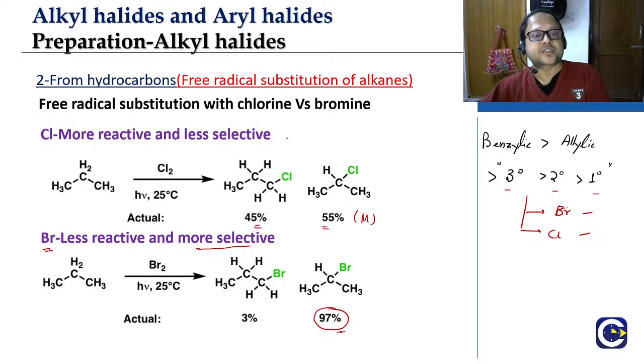So remember these two statements: chlorine being more reactive is less selective, while bromine being less reactive is more selective. And throughout your organic chemistry, this is the case. Bromine will always be more selective, even in other reactions that we'll discuss in due course, right?